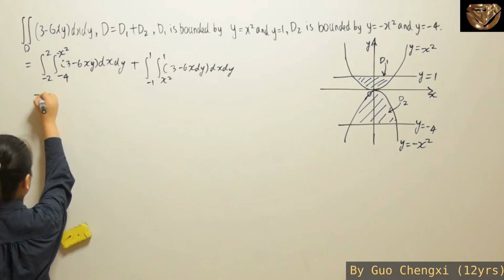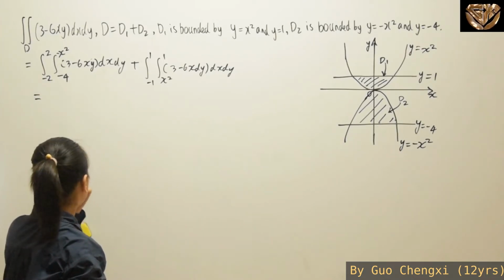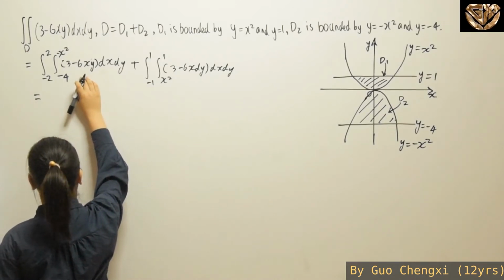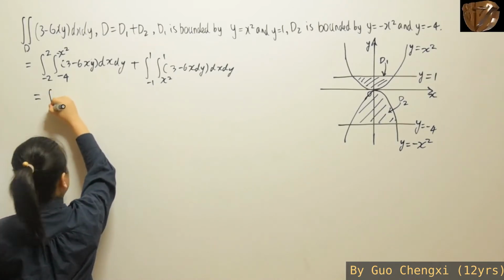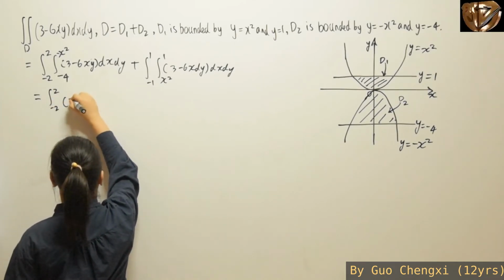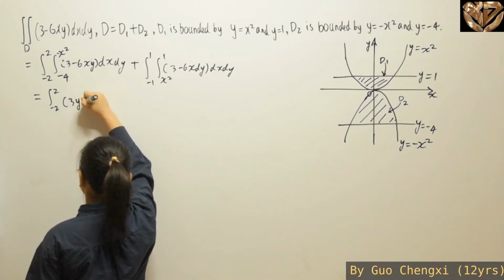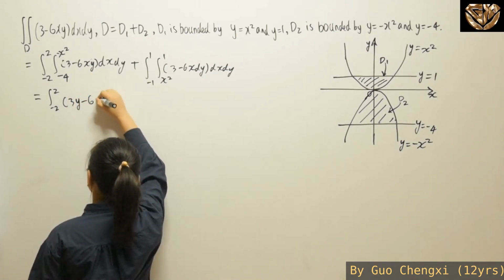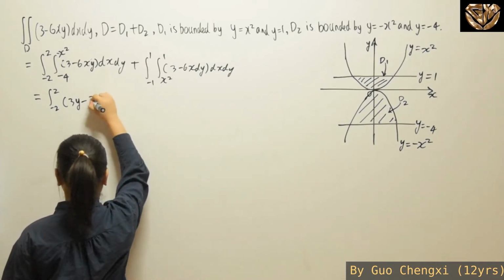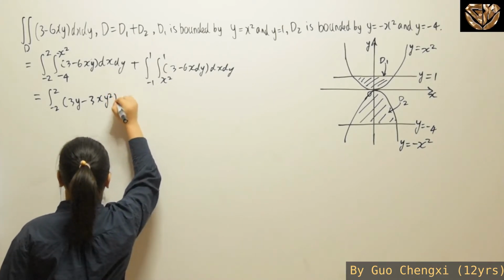Now that we have gotten our boundaries and our two different parts that we have to integrate, when we integrate for this part, since we integrate with respect to y first, it will be 3y minus 6xy squared over 2, because y becomes y squared, so it becomes 3xy squared.